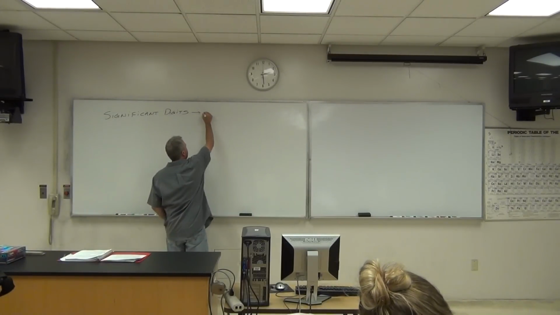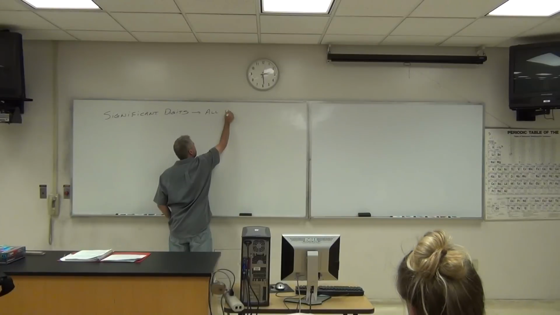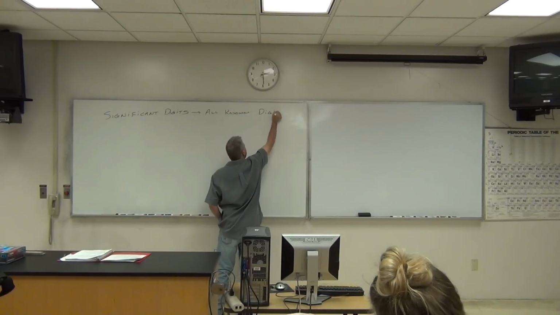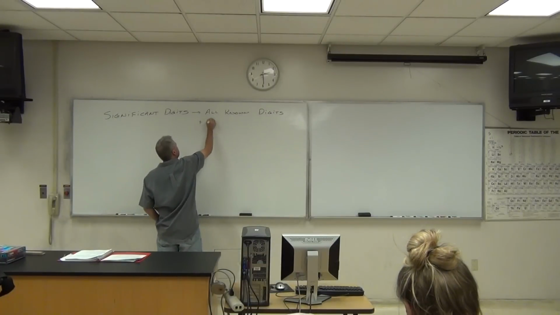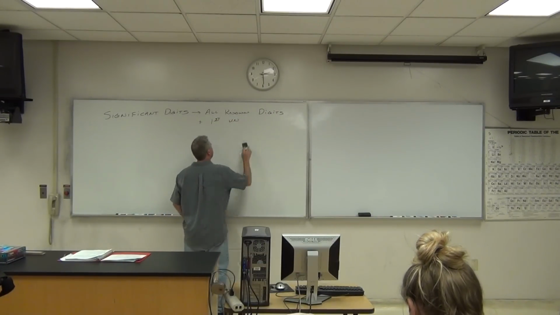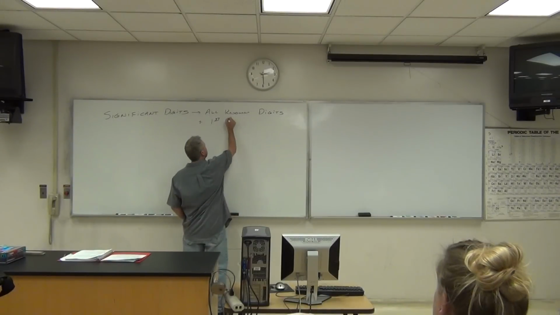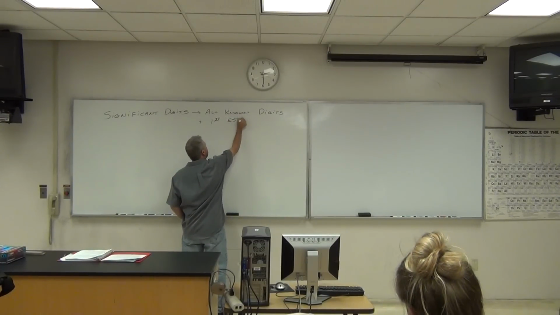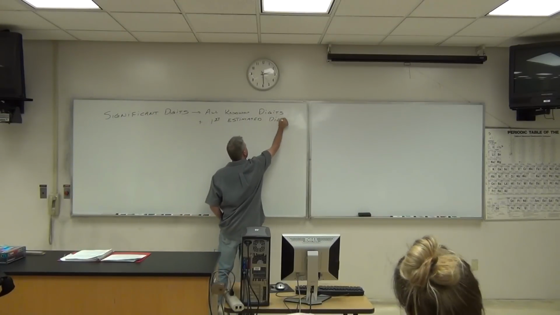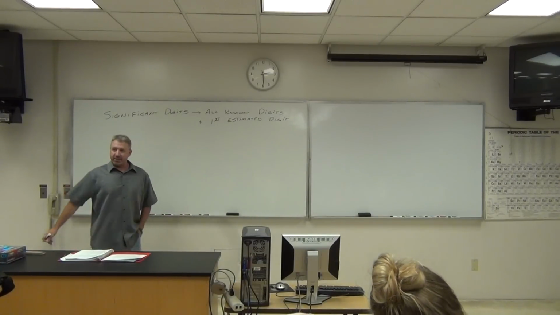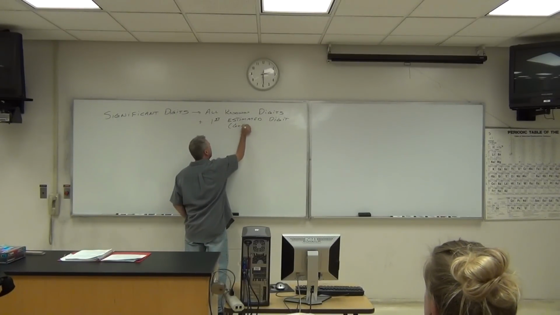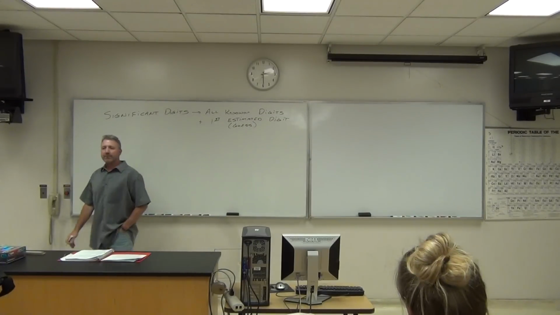Significant digits are all the known digits plus the first, we call it estimated, plus the first estimated digit. And I'll go ahead and say estimated, yeah. We're guessing. We're guessing here.